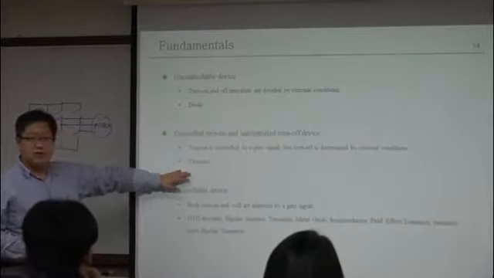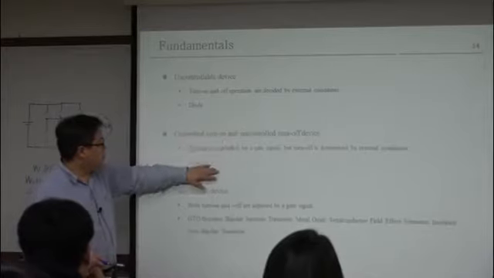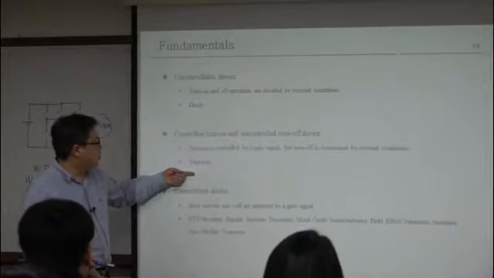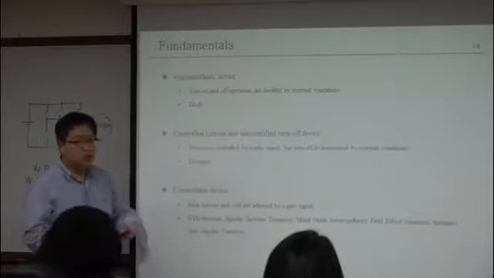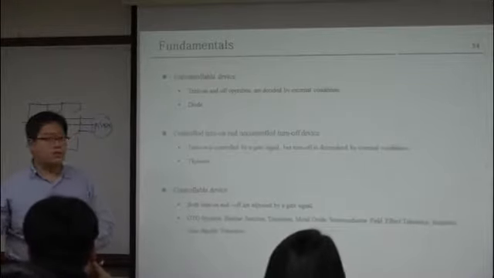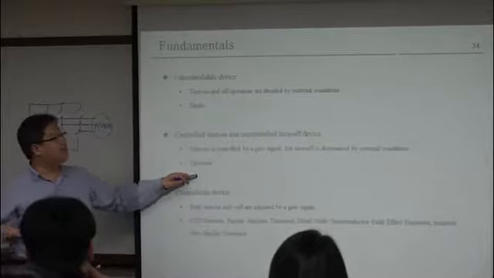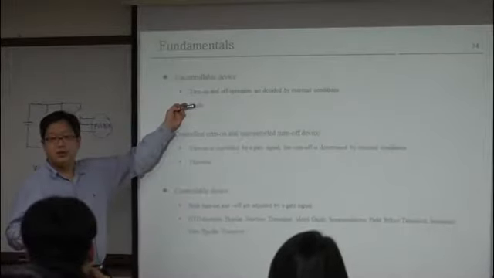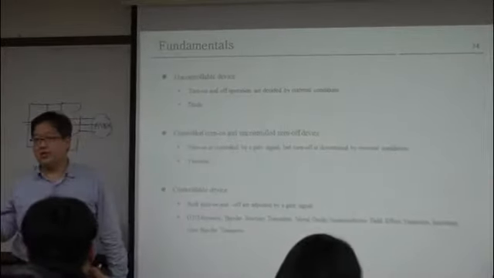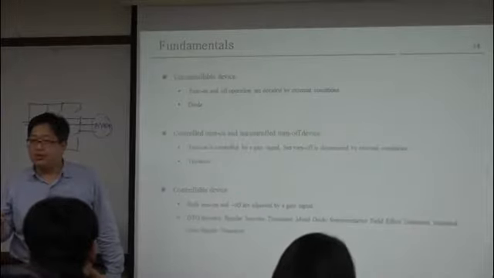For example, thyristor. Controlled turn on means for thyristor, you can turn on the thyristor through the gate signal. But your turn off condition of a thyristor is what? Same as the diode, right? So you can turn on the thyristor, but you cannot turn off the thyristor.